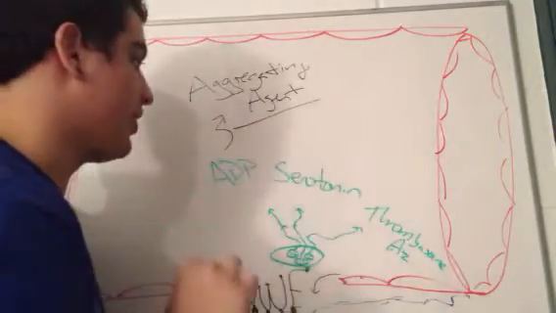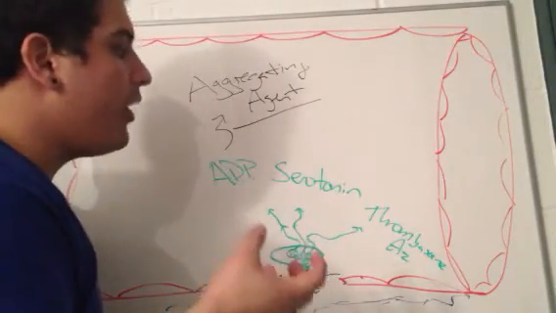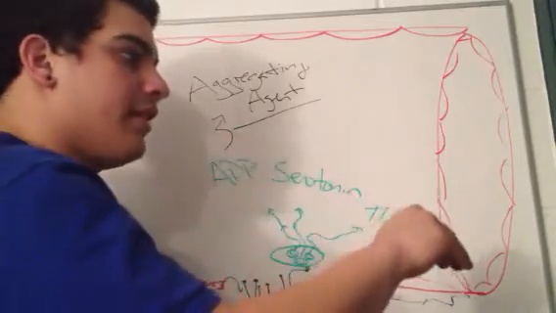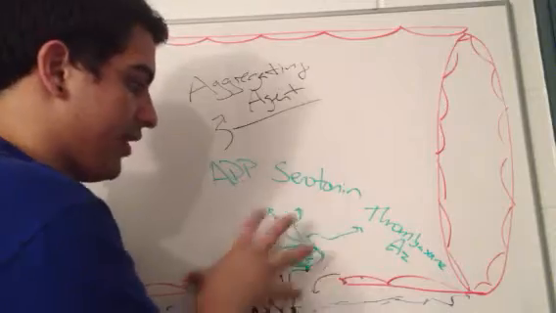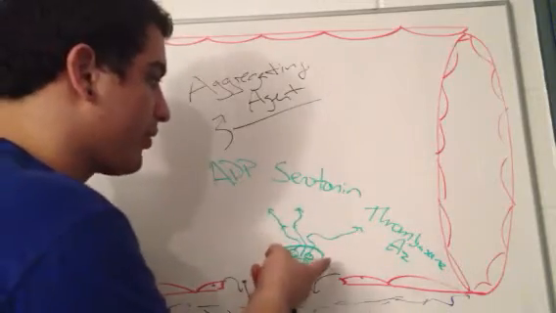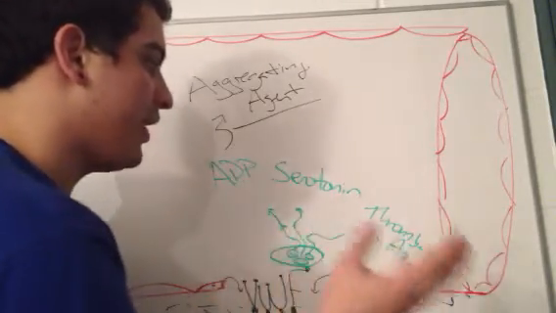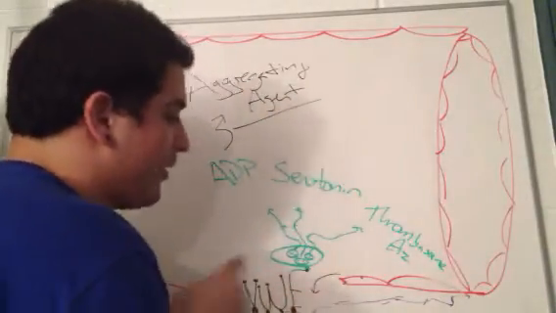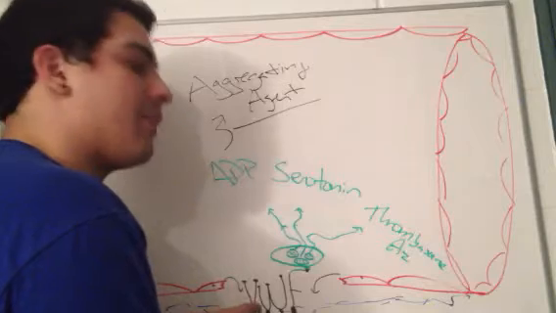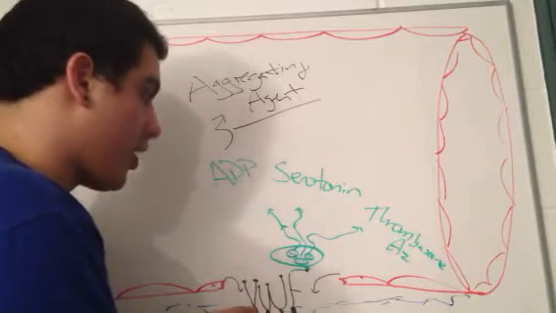It attracts other platelets that are circulating through the plasma to where the blood vessel injury is occurring. So those chemicals, ADP, serotonin, and thromboxane A2, start causing platelets to adhere to the site of injury where the blood vessel was ruptured, damaged, or underwent severe trauma.